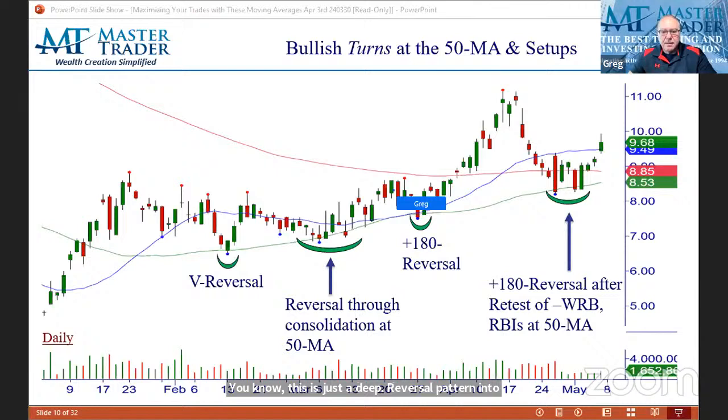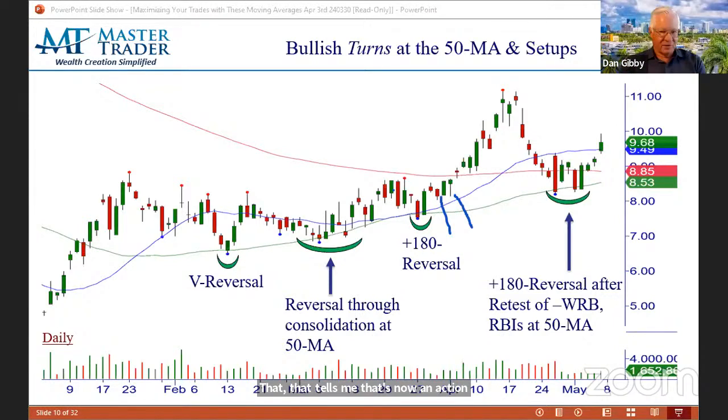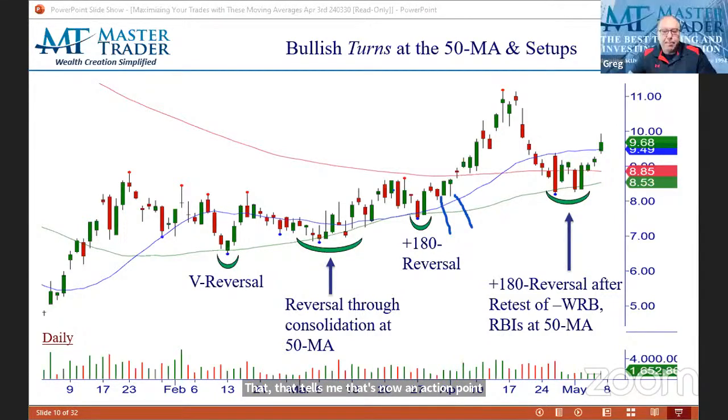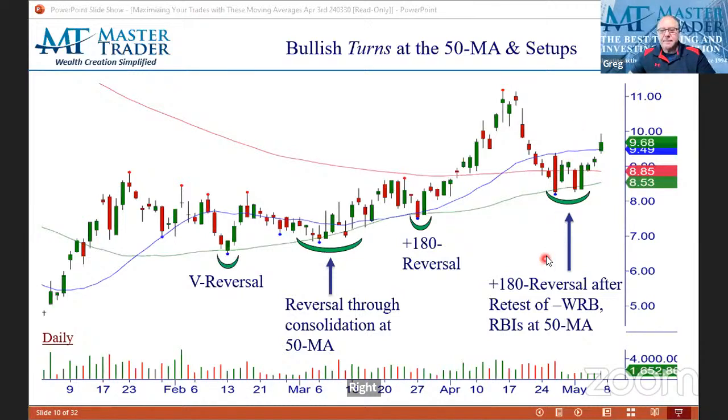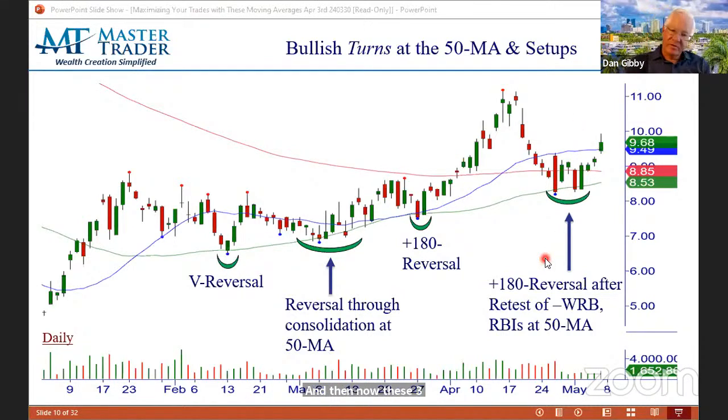Things are improving. And you see like that bottoming tail bar next to that green bar, that tells me that's now an action point. Absolutely. Beautiful. That's supposed to go up at that point. And what about the 200 there? It's meaningless at that point. Yep. It's right. Take it off. It's meaningless. Right. And then now these three flat moving averages after everything we just talked about, with this double bottom retest with two ugly red bars ignored.